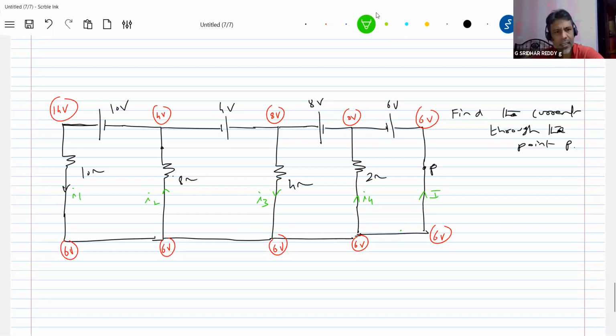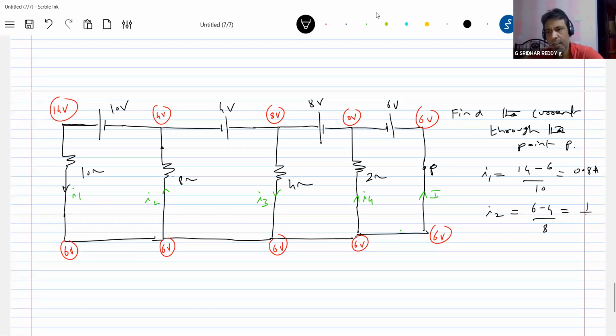Okay, can you calculate I1? Yes, I1 will be 14 minus 6 by 10 ohm. Let's go for calculation. I1 is 14 minus 6 by 10, 0.8 ampere. I2 is 6 minus 4 by 8, 1 by 4 ampere.